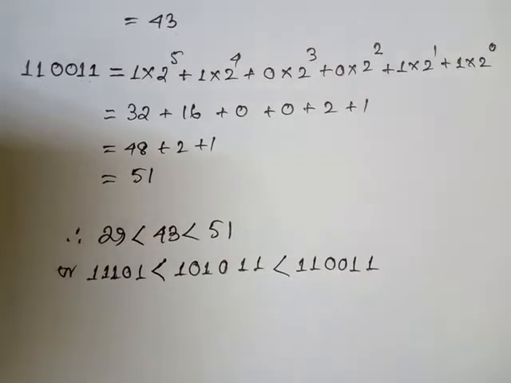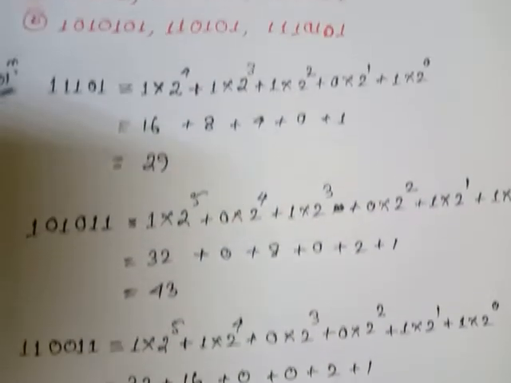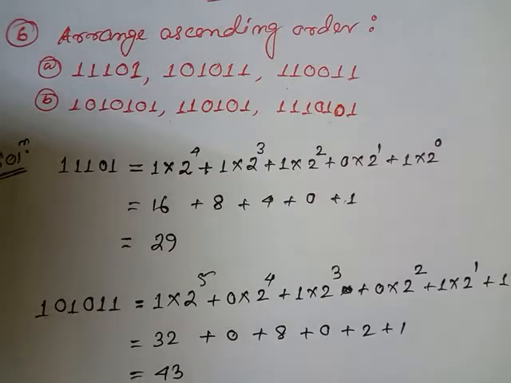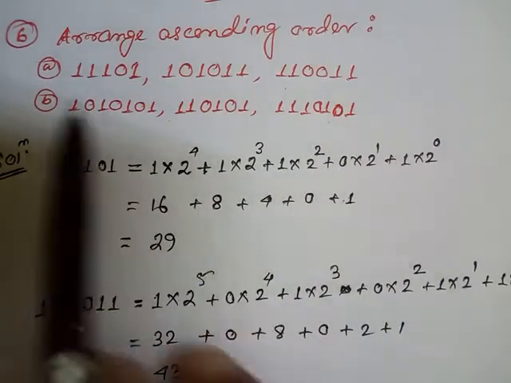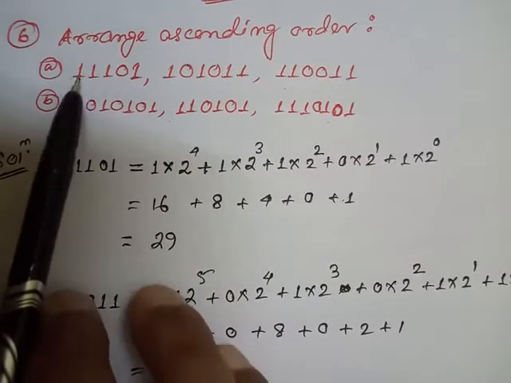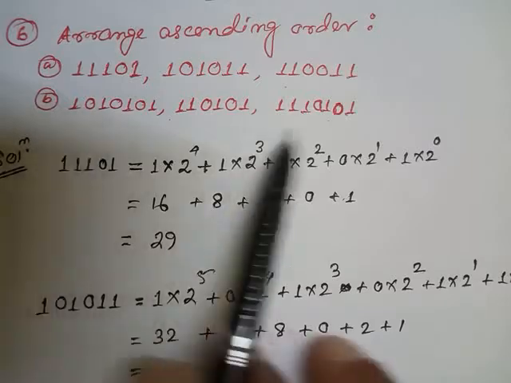This is the actual order for question number 6a. Now students, depending on this video, you have to do B. I'm not going to solve B here, I have just done A. In a similar way, you will solve 6B.